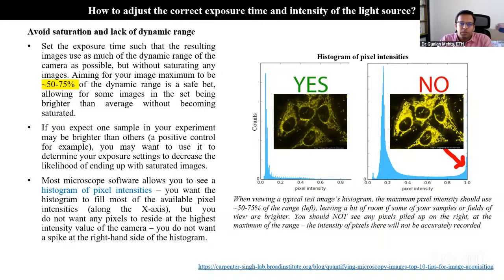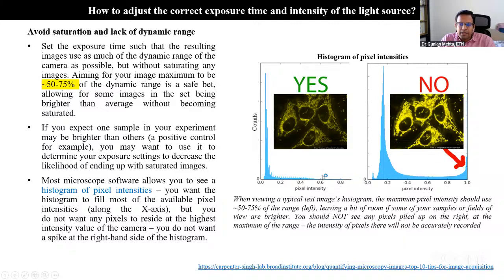Suppose you are comparing two samples, wild type versus mutant, or healthy cells versus some disease cell line, right? It is possible that the protein expression may be higher in the disease cell line compared to the control. So if you set the exposure time for the control sample, and this 25% of pixel intensities is remaining, then maybe when you put your disease cell line, which has a brighter fluorescence, it will have some values on the x-axis, right?